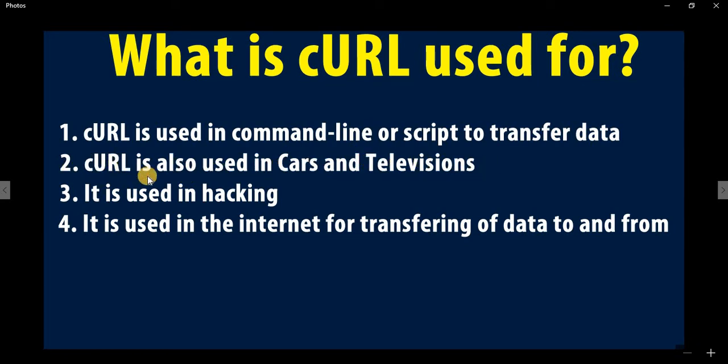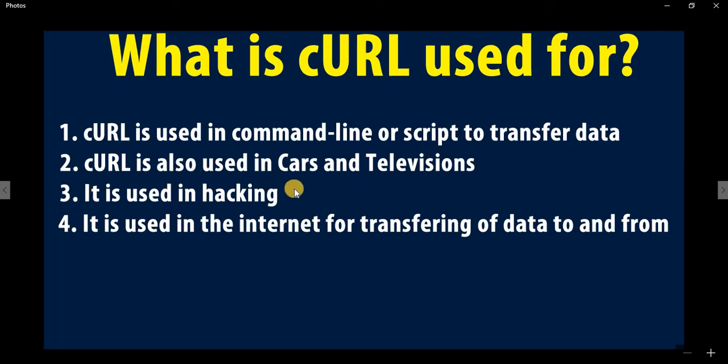Then the next one is that cURL is also used in cars and televisions. That displays the fact that it's not only used in software, it can also be used in hardware. The third one is hacking, which means that cURL can also be used for ethical hacking or whatever type of hacking that you want to do.